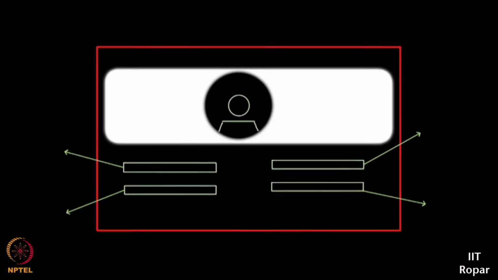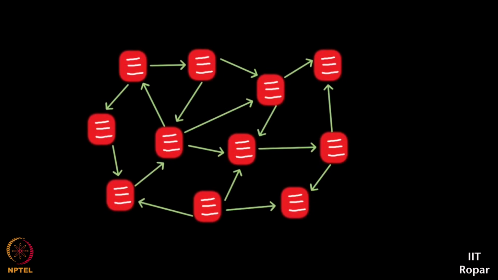Okay, so I will take all possible web pages in the world that one can think of, and I will put an arrow from a web page to another web page if there's a link from this web page to this web page. And I'll create this huge network.